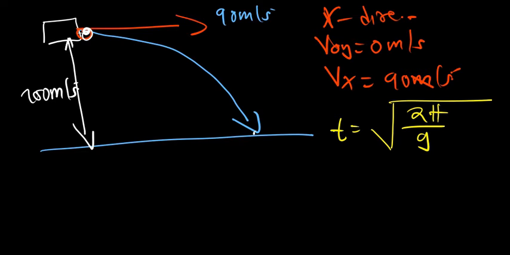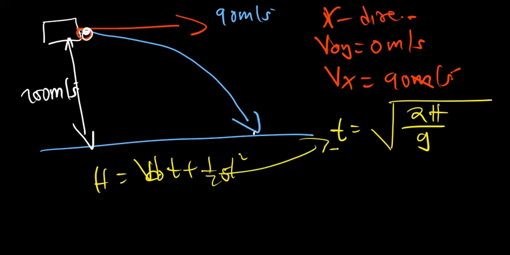There is no need to derive the formula here. Even if you come directly to it, you are still going to be given 5 marks. If you want, you can derive it: h equals v initial times t plus half g t squared. You still end up there.